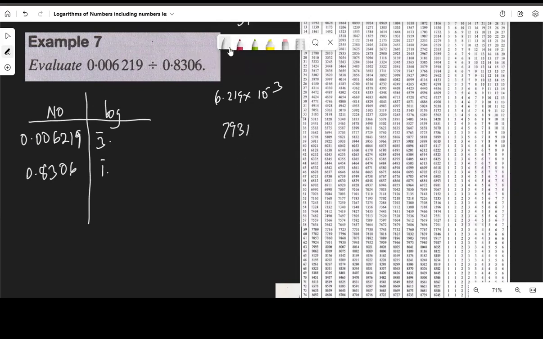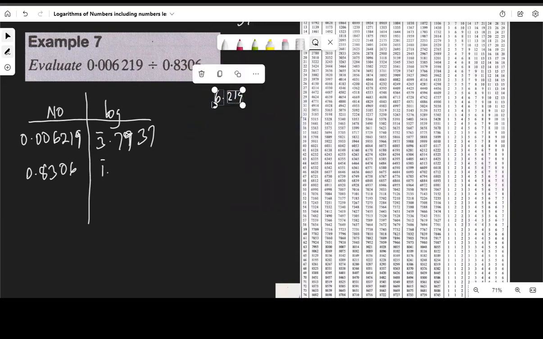Difference of 9, trace it down to the difference column. Difference of 9 is 6. So add up the 6 here, that is 7. So 7, 9, 3, 7. So that's the first one there.